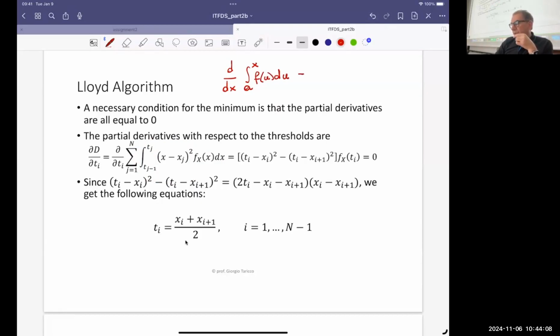This derivative is f of x, if this is an upper limit. If x appears in the lower limit, if we have the derivative with respect to x of the integral from x to b of the function f, it's minus f of x.